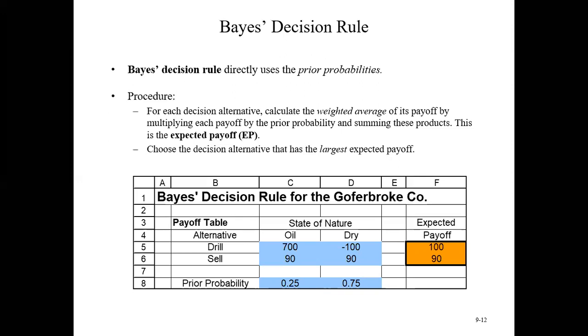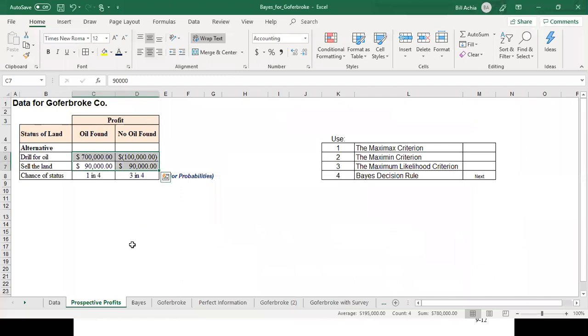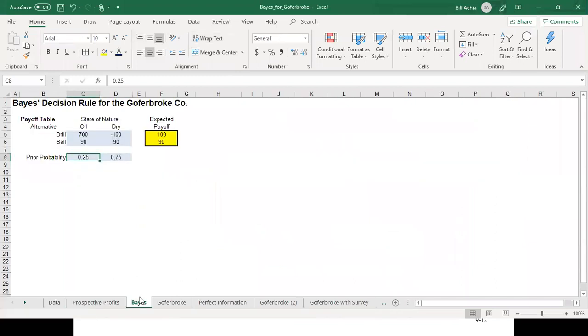Okay, so let me go back here and go into my Bayes. Okay, so the basic Bayesian decision rule basically says, let's consider both alternatives and make a decision based on the larger expected payoff that incorporates data on both prior probabilities in this case here.